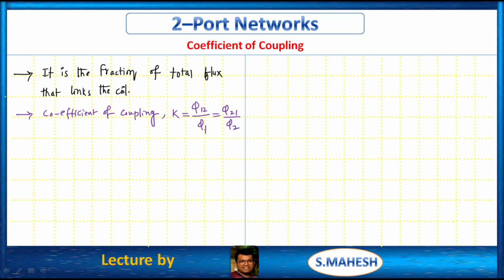Phi 1 is the total flux in coil 1, phi 2 is the total flux in coil 2. So how much fraction of flux, that is phi 1 2, is present from this phi 1, like that how much fraction of phi 2 1 is present from this phi 2, that is nothing but the coefficient of coupling.